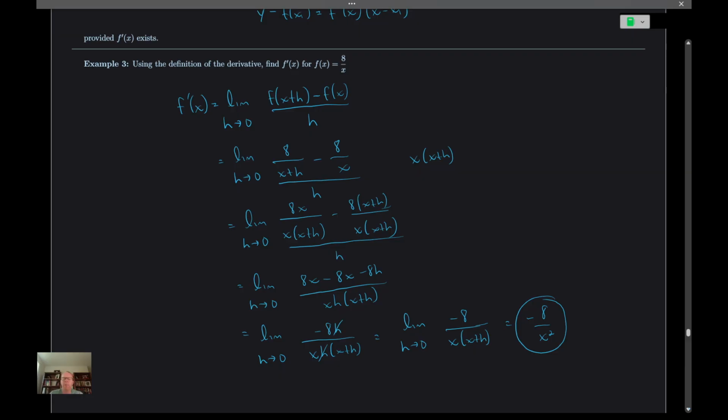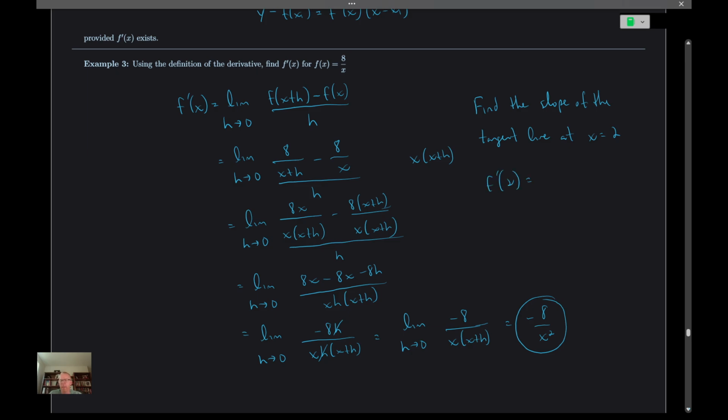So now, if you wanted to find the slope of the tangent line at, say, x equals 2, then all you have to do is find f prime of 2.